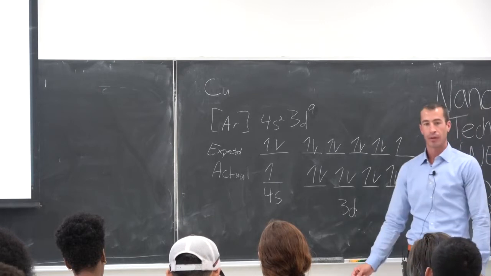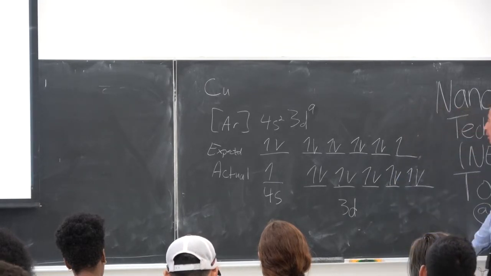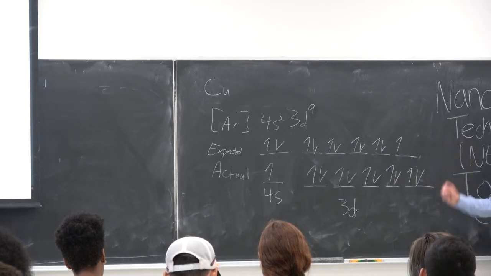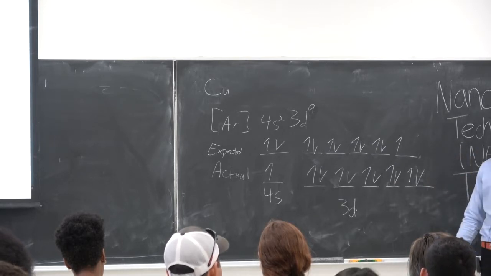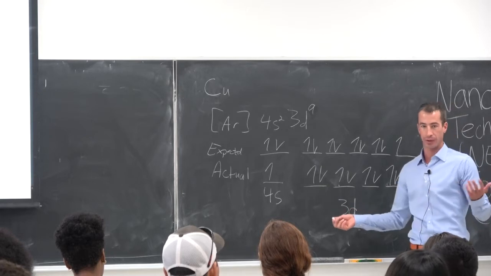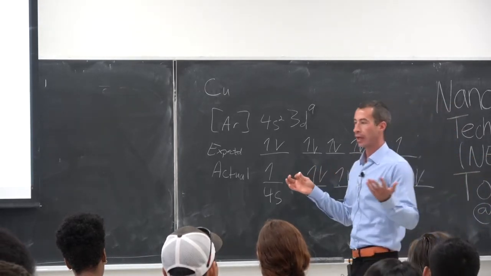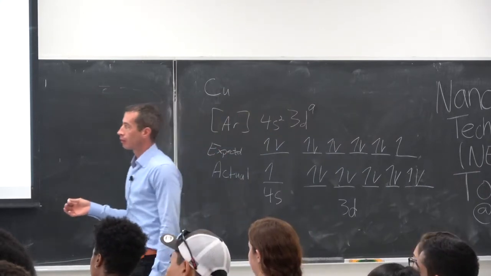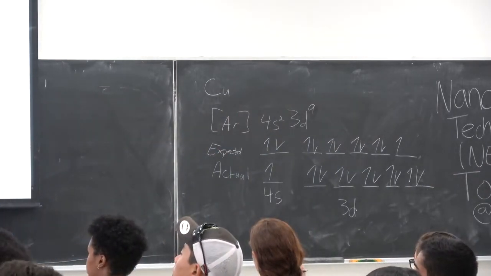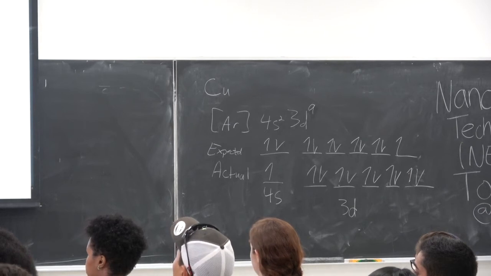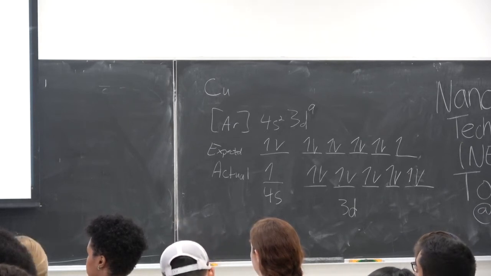Yes? Is there a reason why that's more favorable, to complete the 3d over the 4s? Because there are more orbitals and they're farther away from the nucleus. So if those are filled, the overall energy of that orbital is lower. Yeah. How does that make sense when we're writing molecular orbital diagrams where the 3d is above the 4s in energy level?